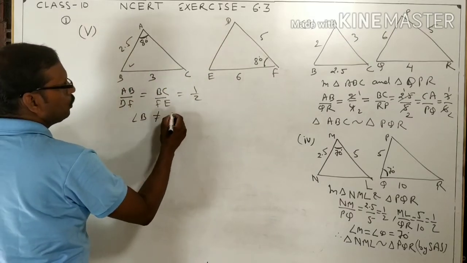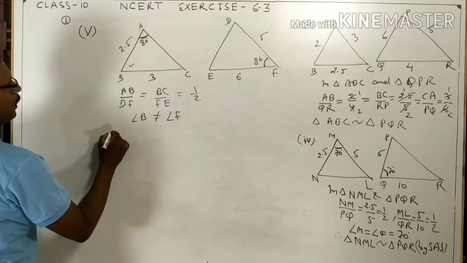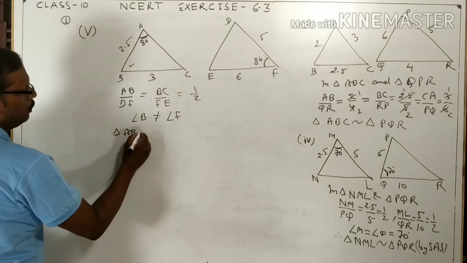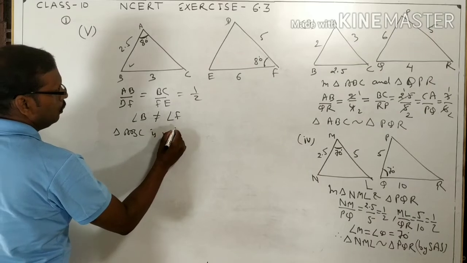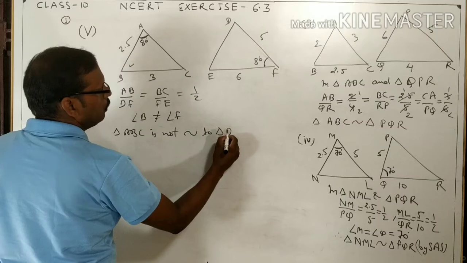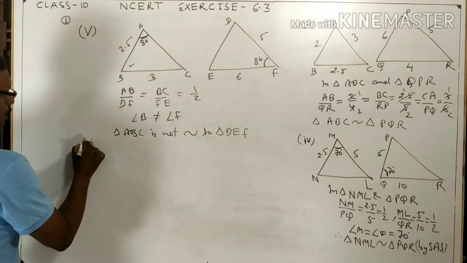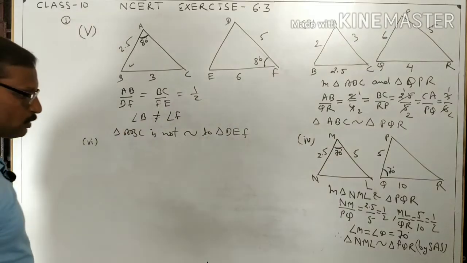So angle B is not equal to angle F. So we can write triangle ABC is not similar to triangle DEF.